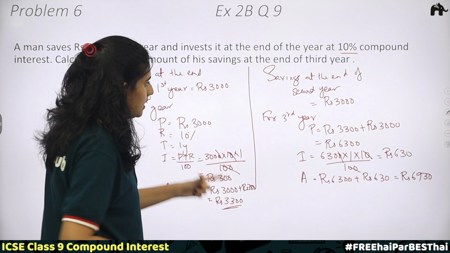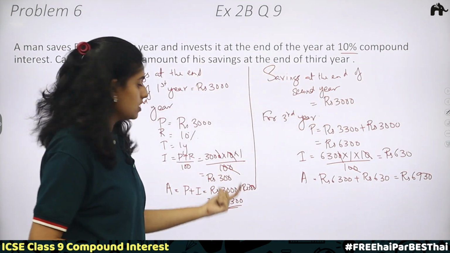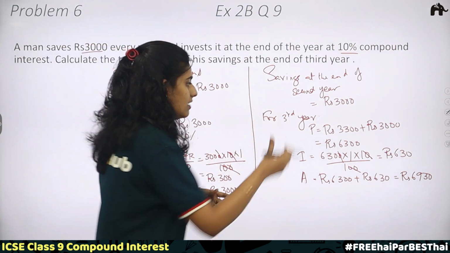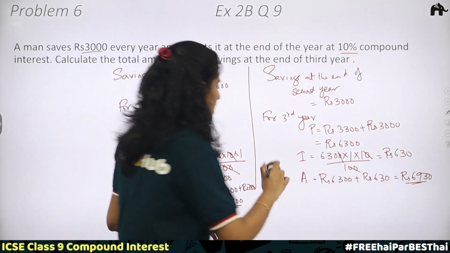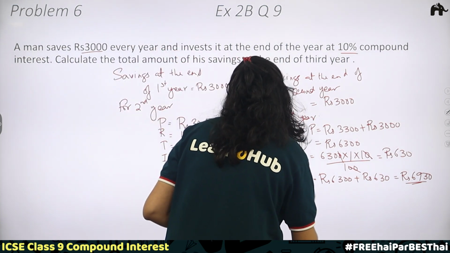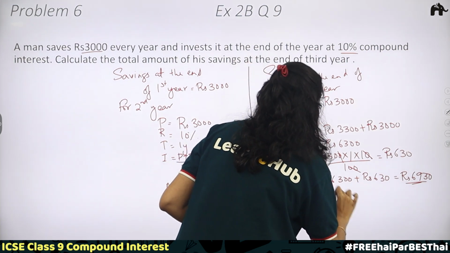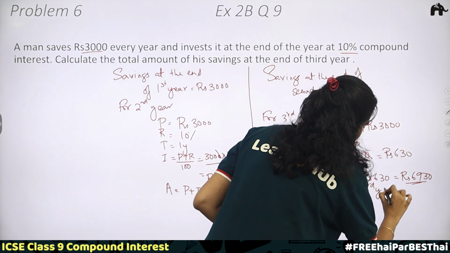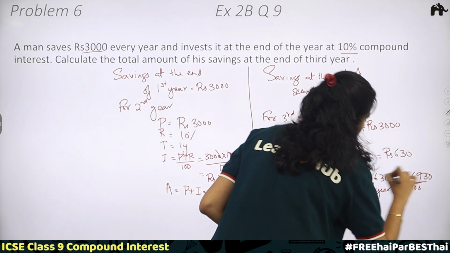At the end of second year, he had savings 3000 and this amount 3300. Now at the end of third year, what happens? He will have this amount and the saved amount 3000. Savings at the end of third year will be again equal to rupees 3000.